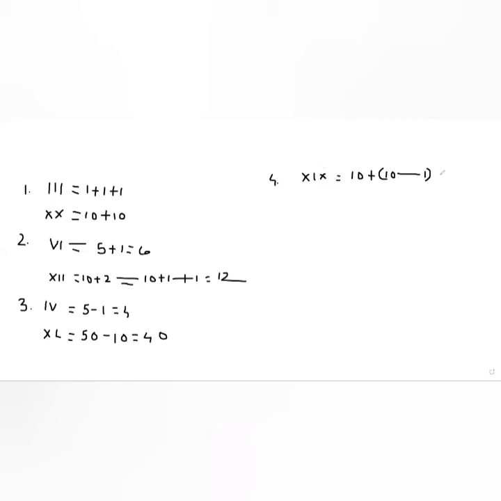So 10 minus 1 is 9. 10 plus 9, what is the answer? 10 plus 9, with the bracket, 10 minus 1 is 9, so 10 plus 9 is 19.